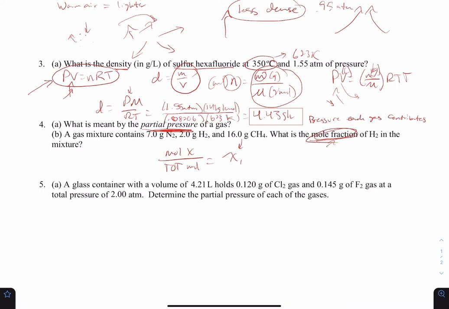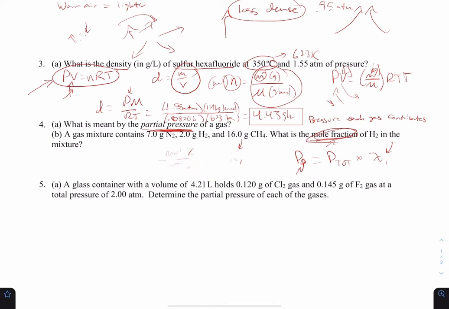And overall, the partial pressure of a gas is going to be the P total, the total pressure, times the mole fraction. So that's why it's super important. We can have the whole pressure, but if we don't know how many moles of each compound we have in there, we can never find out the partial pressure that each gas will contribute.